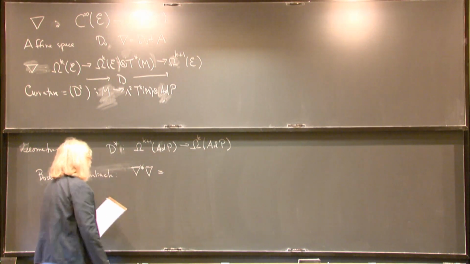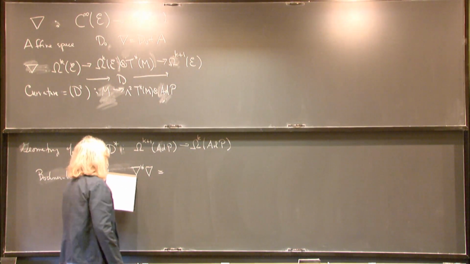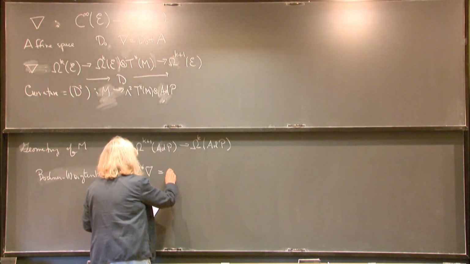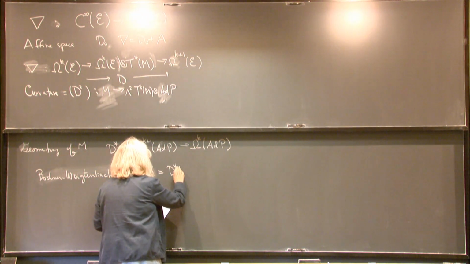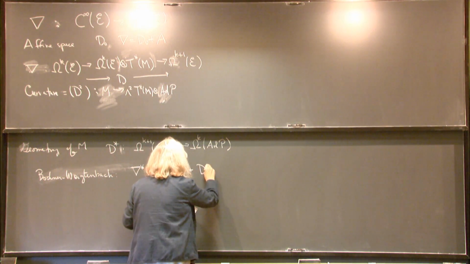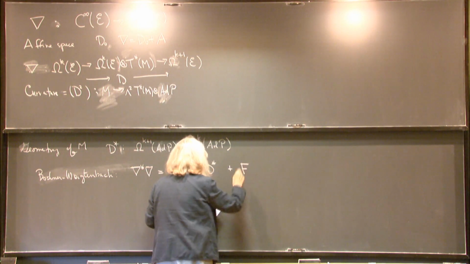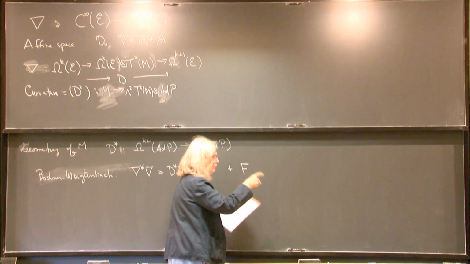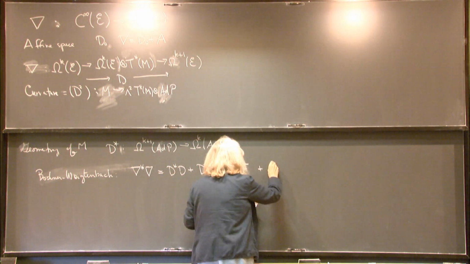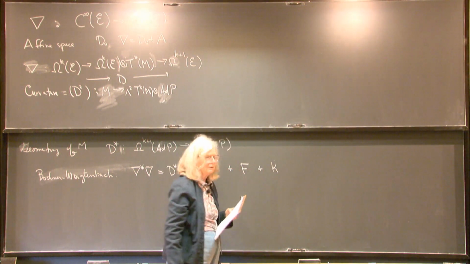And the Bochner-Weitzenböck formula says that the operation that I get from the full covariant derivative is related to the operations that I got from D and D star plus D star, and I'll just write F. There's a curvature term that you have to figure out. It's a little bit different in every dimension. And then there's a curvature term, this is from the base.